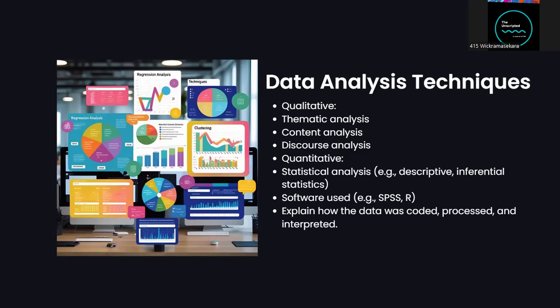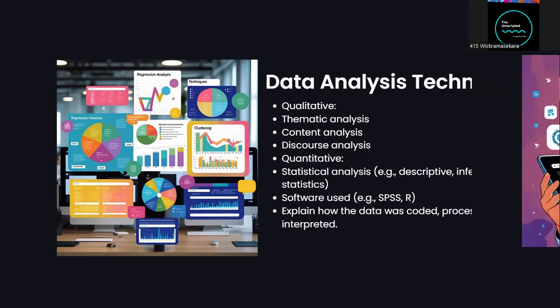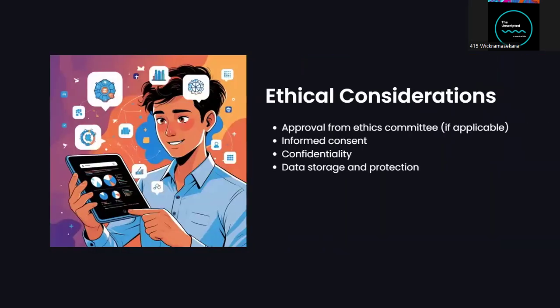So you can follow those 6 steps to analyze your data under thematic analysis. That is how you analyze your data for qualitative studies. And for quantitative, you can use different software like SPSS and so on.